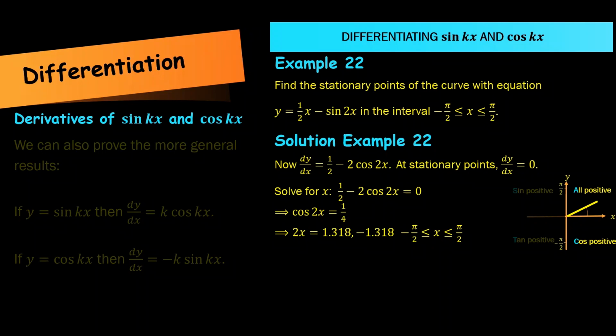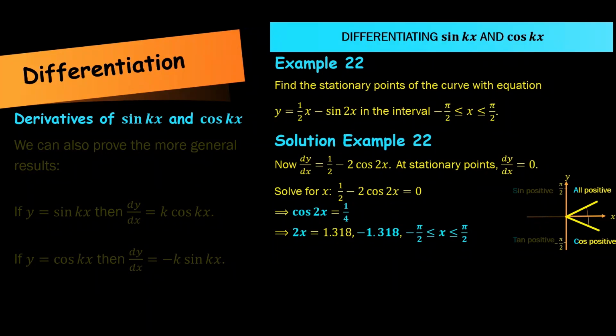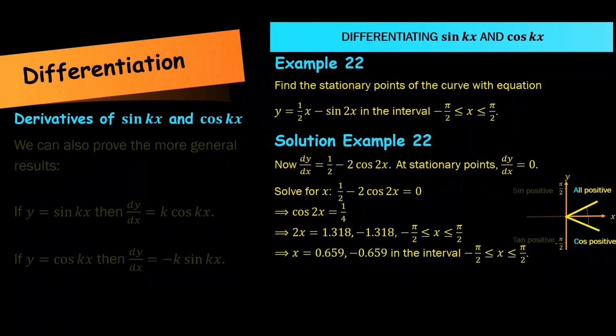And so in the fourth quadrant, 2x equals minus 1.318. Therefore, x equals 0.659 or minus 0.659 in the interval x greater than or equal to minus pi by 2 and less than or equal to pi by 2.